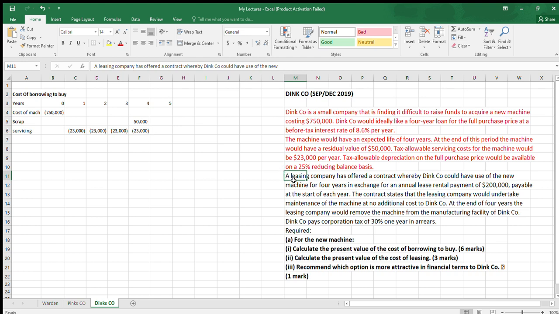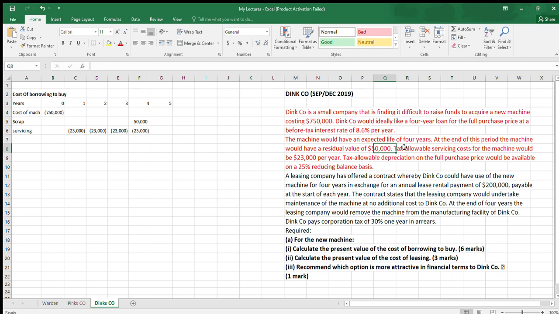So that one will be note II, and all these are for note I. Note I says that the residual value is 50,000. We have it here. Servicing cost, which is 23,000 per year, and there's a tax allowable depreciation on the full purchase price, which is 25% reducing balance.